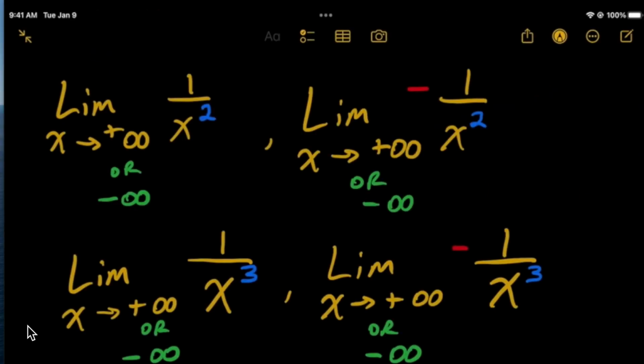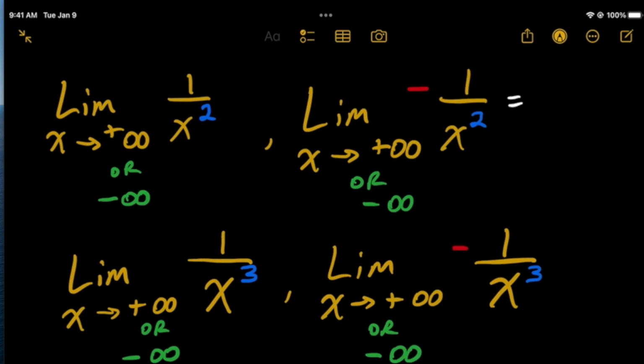Folks, just to prove it to myself, I went and graphed every function you see here on Desmos, and in each case the answer was 0. It didn't matter if I had an even degree function in the denominator. It didn't matter if I went to plus infinity or minus infinity, or whether I had an even degree in the denominator with a negative sign, or an odd degree in the denominator, negative signs, plus infinity, minus infinity.